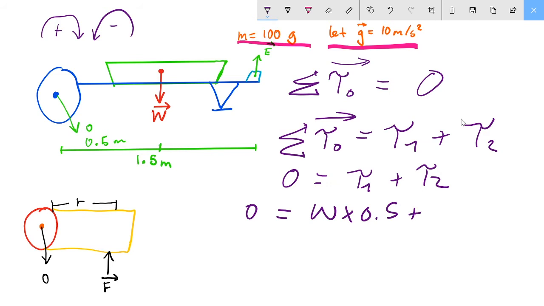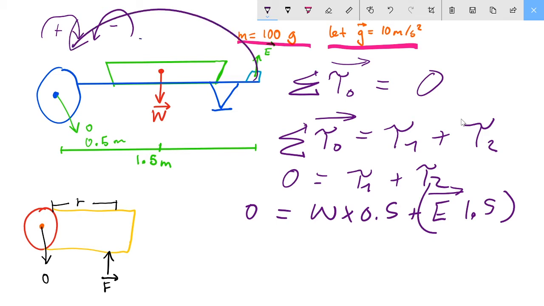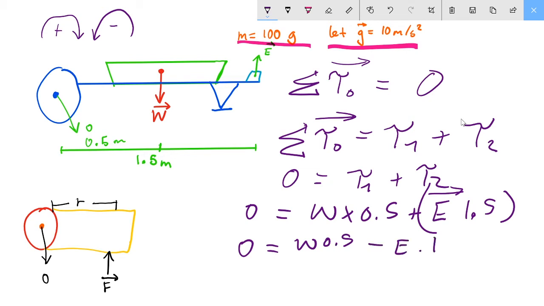torque 2, which is the force of E times 1.5. And remember, E is negative because it's going this way, anti-clockwise, and W is positive because it's going this way, clockwise. So therefore 0 equals W times 0.5 minus E times 1.5.